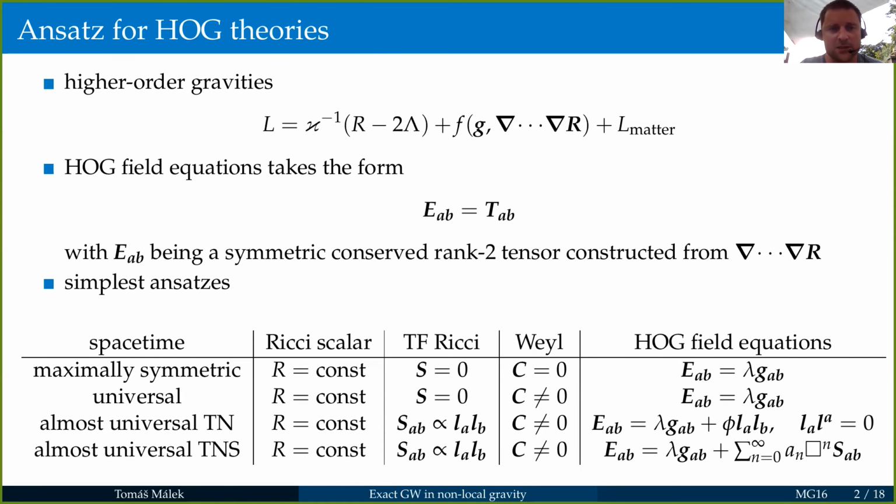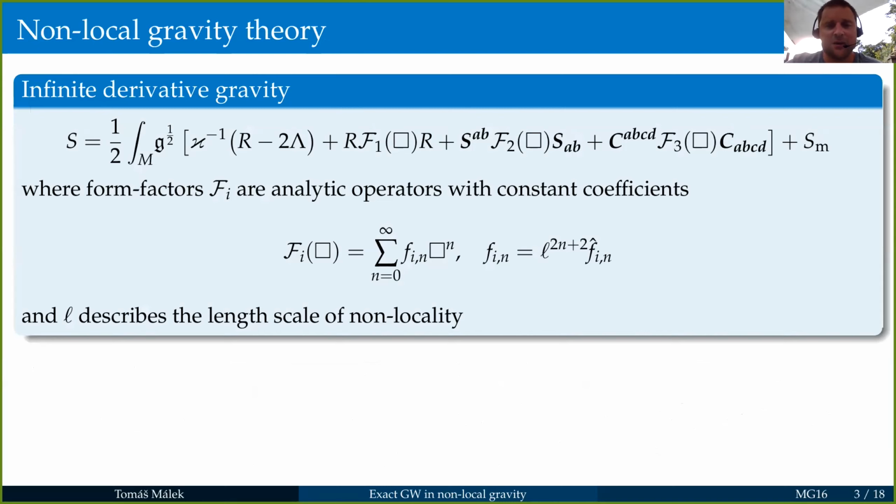Okay, so this is our ansatz, and we will consider this Lagrangian. It was mentioned already several times, and it is the most general action quadratic in curvature which is parity invariant, and we will consider these form factors to be analytic operators, which then lead to Gauss, because we will get rid of ghosts by this choice.